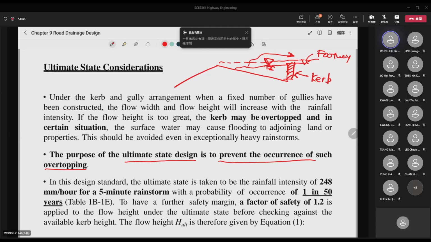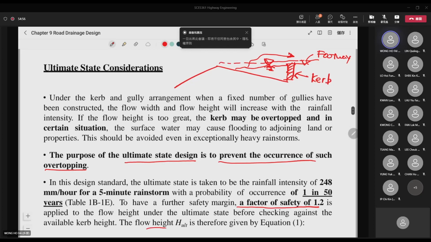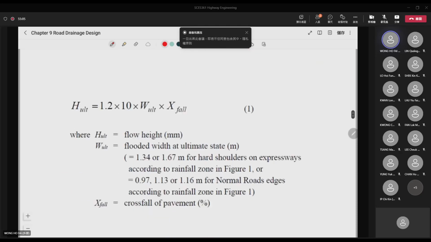At the same time, we will also consider a factor of safety of 1.2. And then the flow height, which we call H ultimate, can be calculated by using equation 1. So you can see that this is the flood wave, and this is the height, or we call it the flow height.